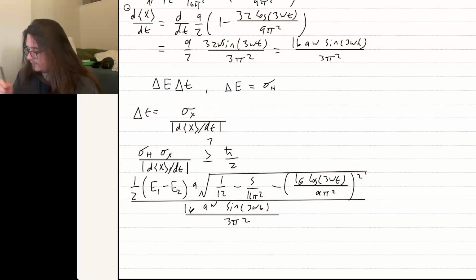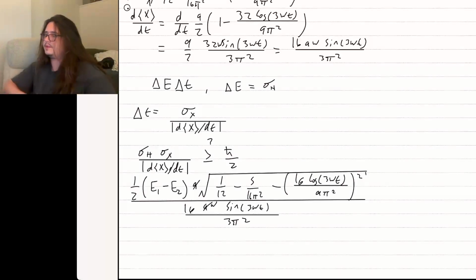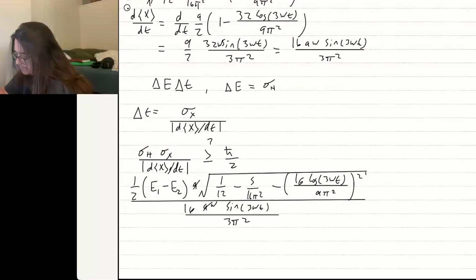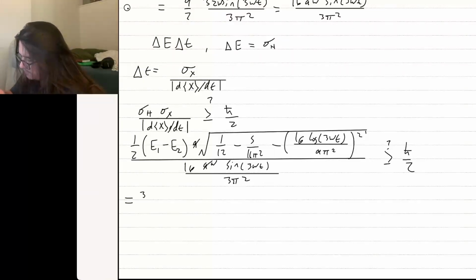So I see some cancellations happening. This is going to end up being dimensionless, which is cool, which means we're going to be able to put it into a computer to make sure it's greater than h bar over 2. So I'm going to move the 3 pi squared up top, as well as the 16 sine 3 omega t down here. So it's 32 sine 3 omega t.